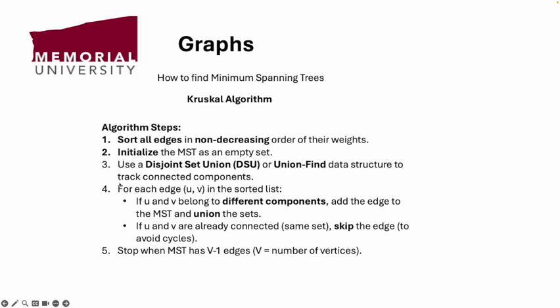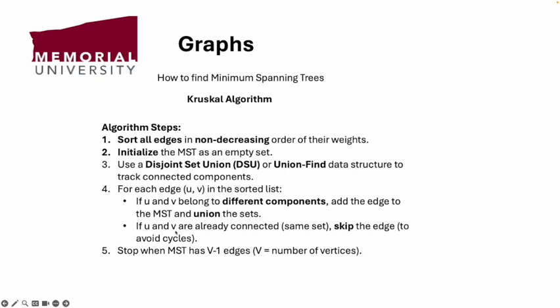And then we do what? For each edge, starting and ending in the sorted list: if the starting vertex U and V belong to different components, add the edge into the MST set and union the sets.